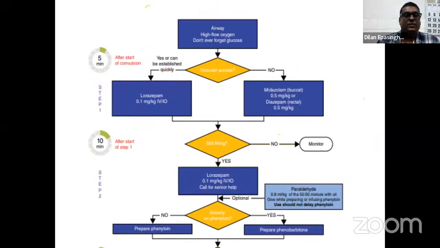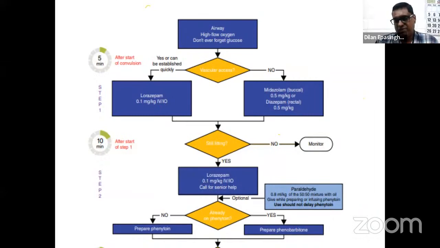In the first 5 minutes, there are 3 steps in managing this convulsion. Protect the airway and start oxygenation. Try to put in a cannula, and you can start IV lorazepam.